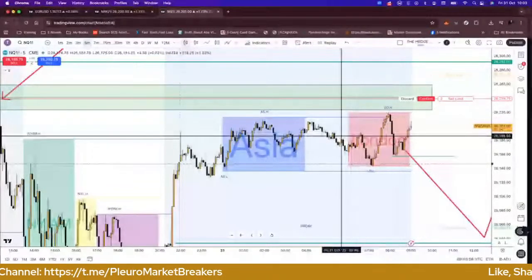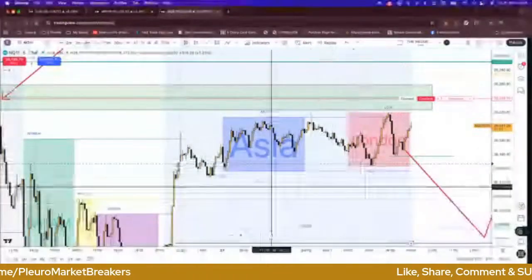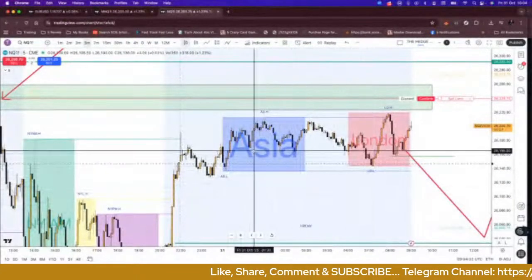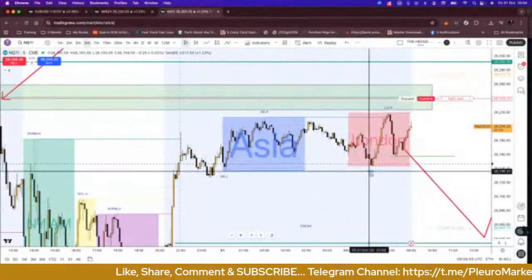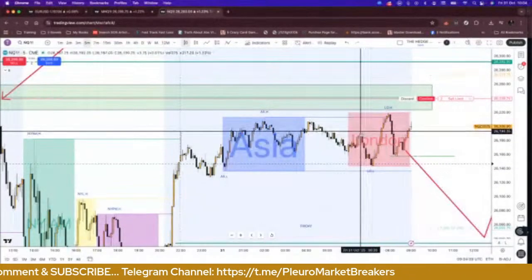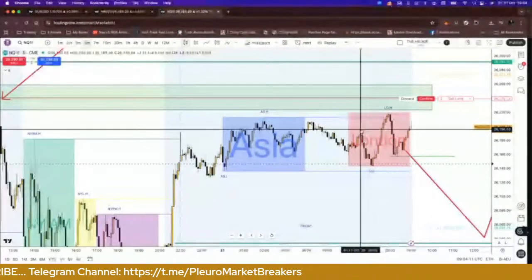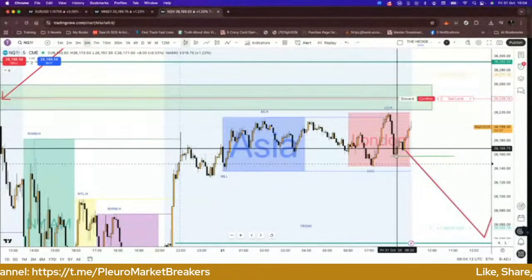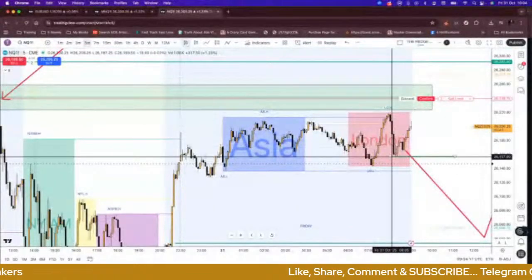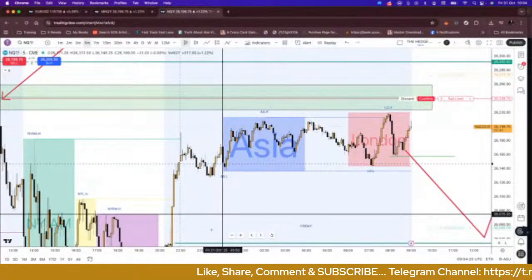I mean, technically, no, we haven't taken out Asia's low yet here, but we have taken out these lows. So you could argue that this is already a change of character, and that this was a reload for a long. Again, it's not clear. So, all right, let's look at gold.